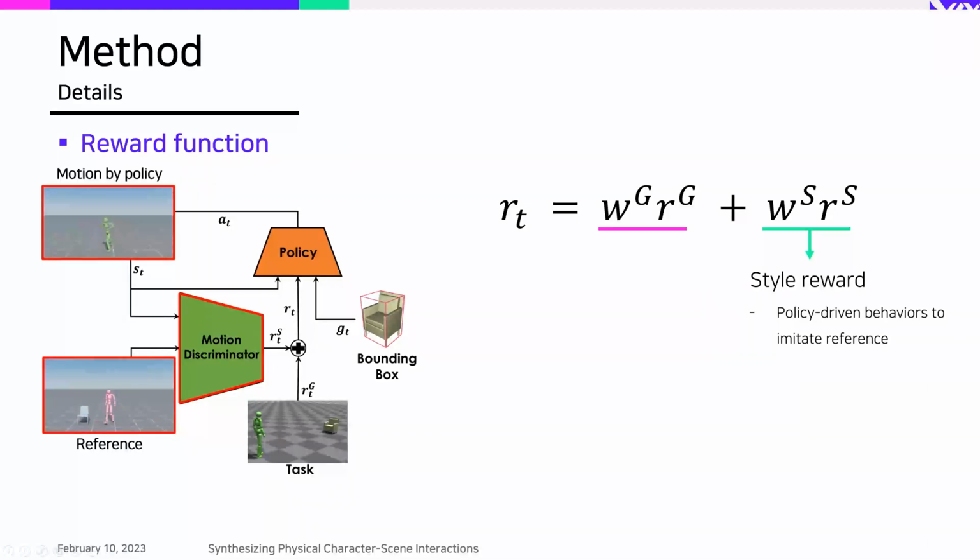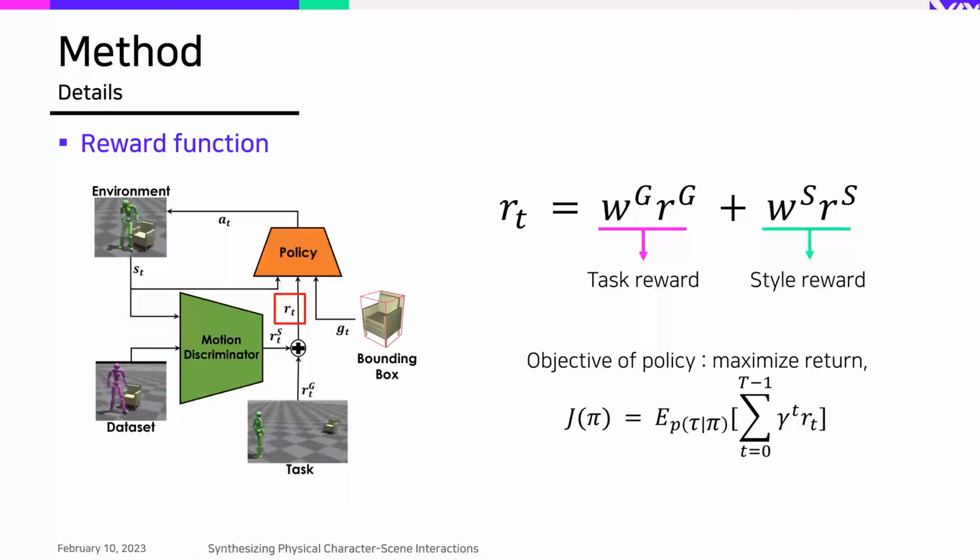The second term, the style reward, encourages the character to imitate behaviors from a motion dataset as it performs the desired tasks. And as mentioned above, the policy is trained to maximize the expected discounted return J(π).